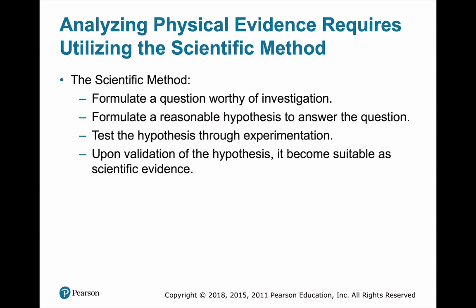If it doesn't support it, then I go back and ask myself another question and come up with another experiment and go through those trials, and then I ask myself again, okay, does the data support or not support my original hypothesis?